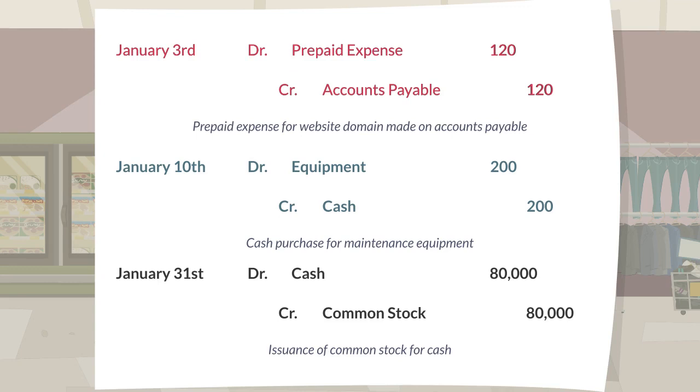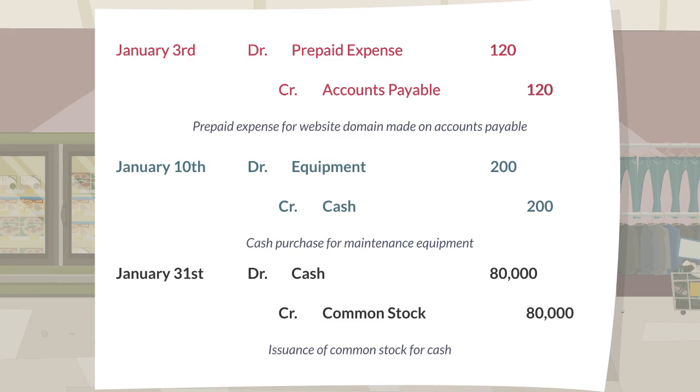We keep track of transaction amounts using debits and credits, which make up the two sides of the double-entry accounting system. The components of the basic accounting equation break up into debit and credit normal balance accounts, where asset accounts normally have debit balances, and liability and equity accounts normally have credit balances.